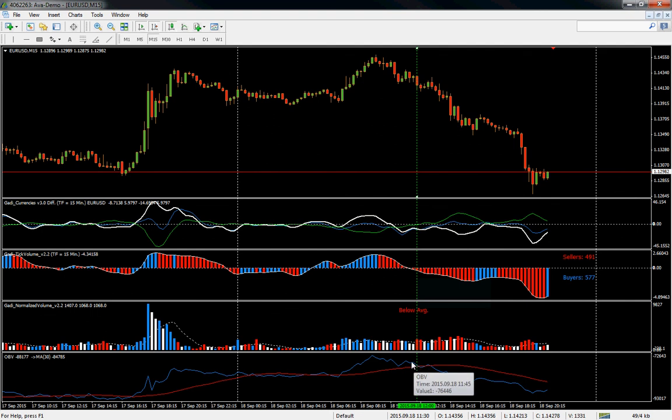The on-balance volume is angled downwards, but it hasn't actually crossed the moving average yet. The two currencies, the white line is angled slightly downwards. We'd like to see that moving in the direction of the trend, so we want that down.